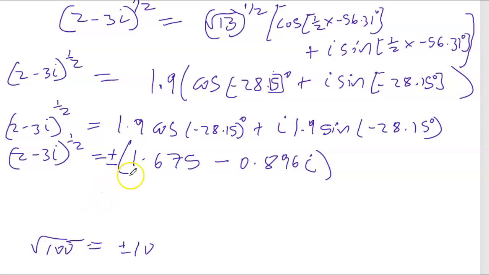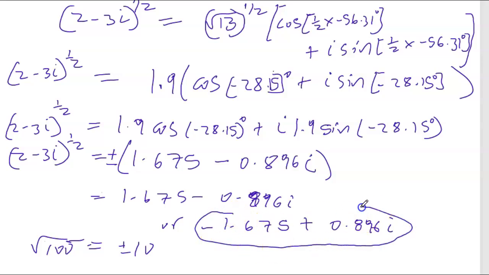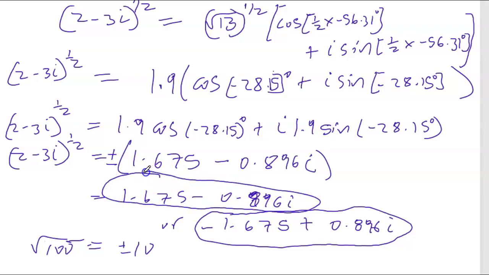Which means that it's 1.675 minus 0.896i. Or if we distribute the minus to the terms in the bracket, that's negative 1.675 plus 0.896i. Alright, so these represent the square root of the complex number 2 minus 3i. Alright, let's move on.